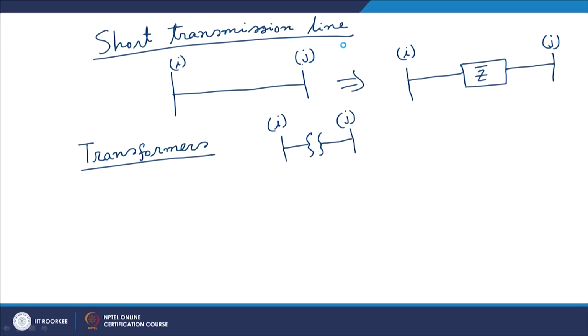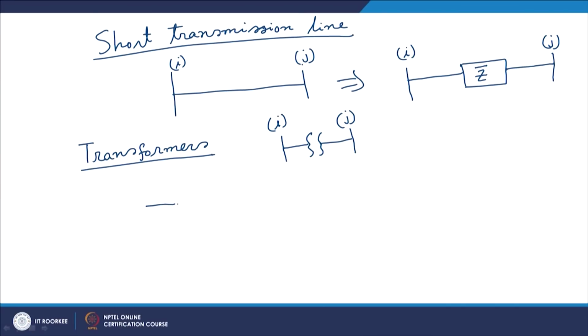Now, from our very basic knowledge of any transformer, we know that any transformer can be represented by an equivalent circuit like this. This is the primary side resistance, primary side inductance. Then I do have the magnetizing part, then I do have the secondary side impedance.